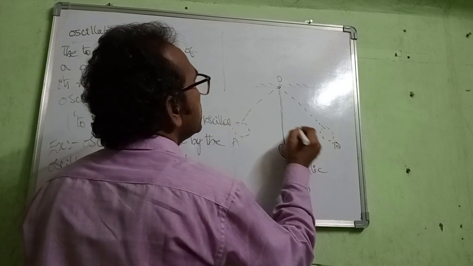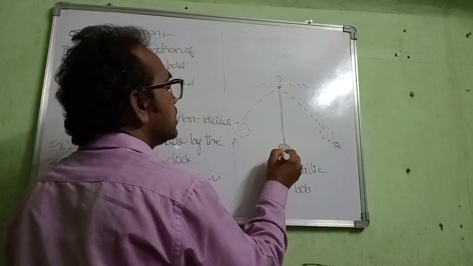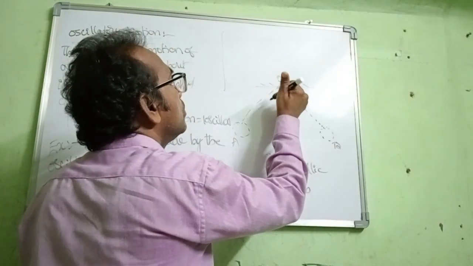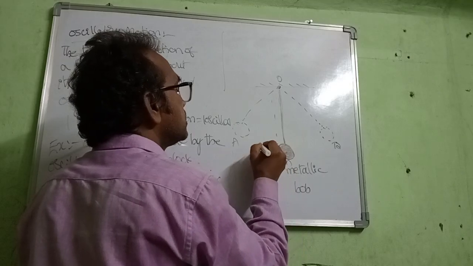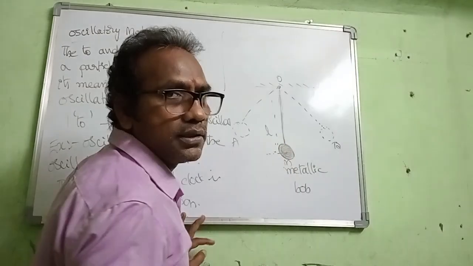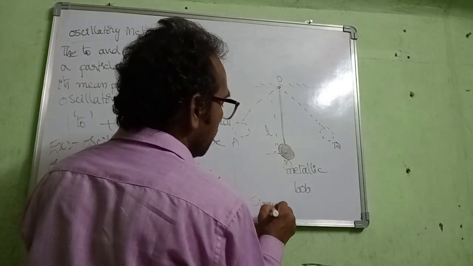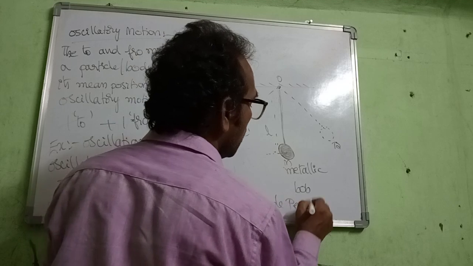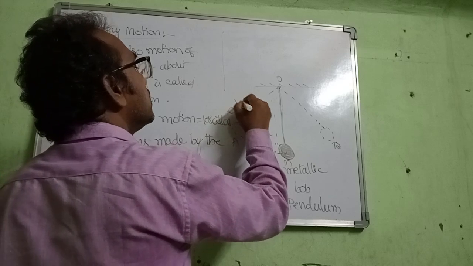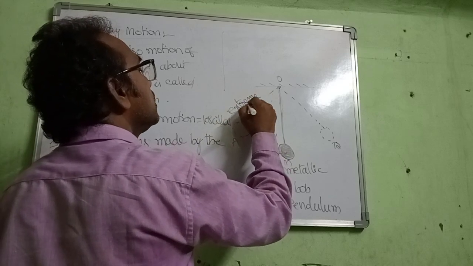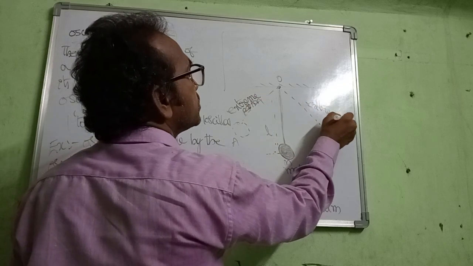Now see here, this is the center of the bob. From position O up to here, this is the length of the simple pendulum. What is this one? Simple pendulum. This is an extreme position, and this is also an extreme position.